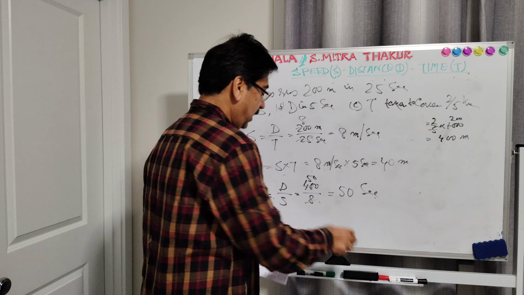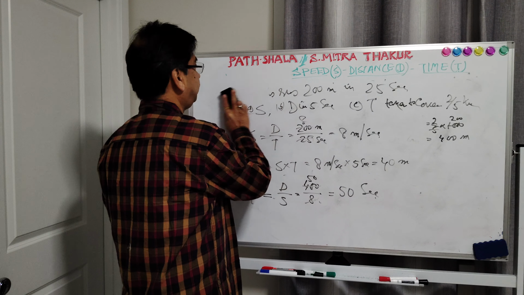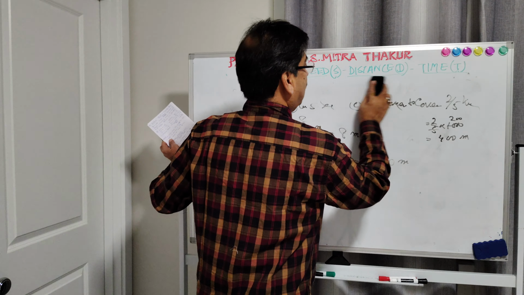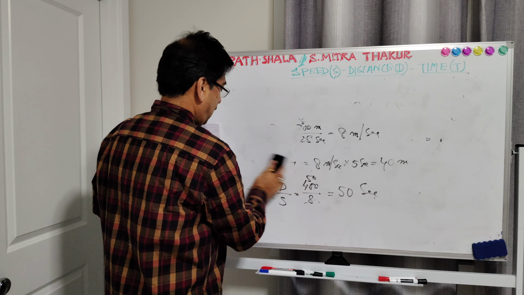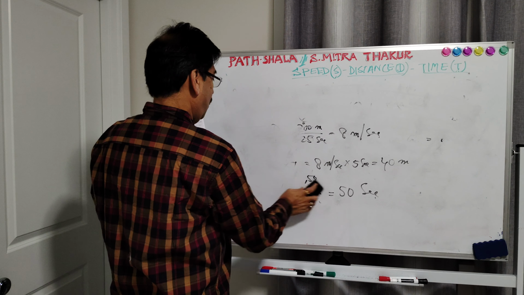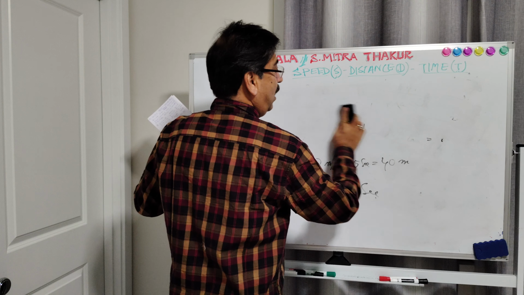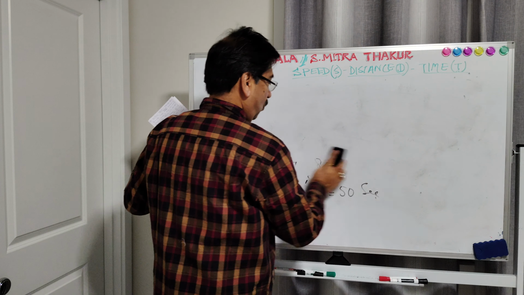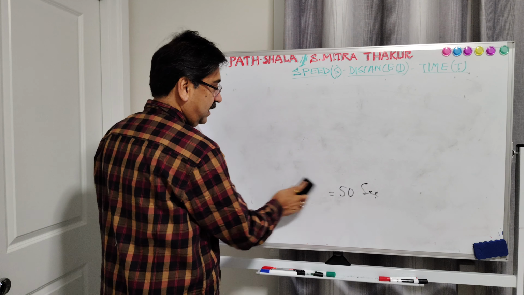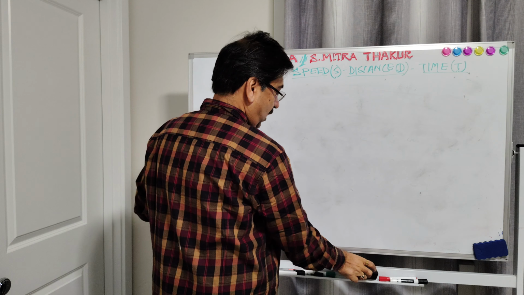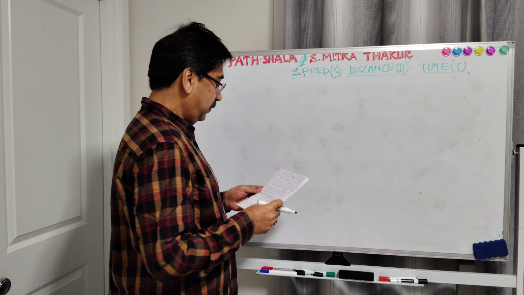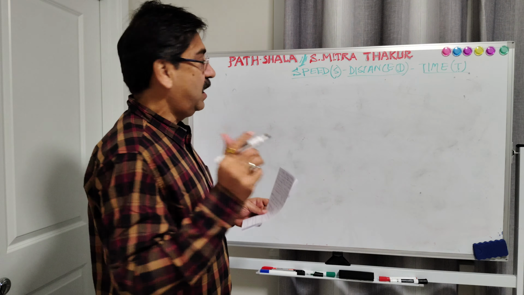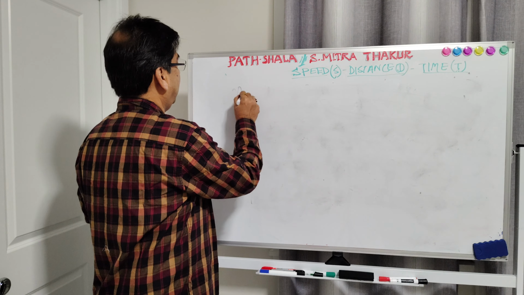This is the mathematics, another mathematics, right? Now we will learn about average speed. We already learned speed, distance and time, how to calculate, how to show the uniform speed, how to show the variable speed, and now we will calculate the average speed.